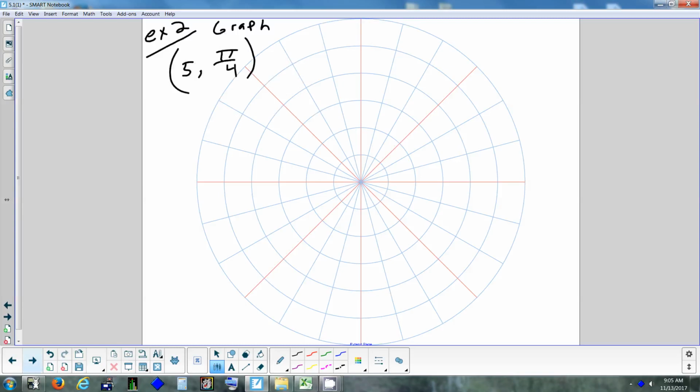Molly, do you remember what pi over 4 is in degrees? How about pi? Do you remember pi? Well, as a decimal, yes, but how about if you convert pi to degrees? Yes, it's 180. Well, this is pi divided by 4, so it's 180 divided by 4, or half and then half again.